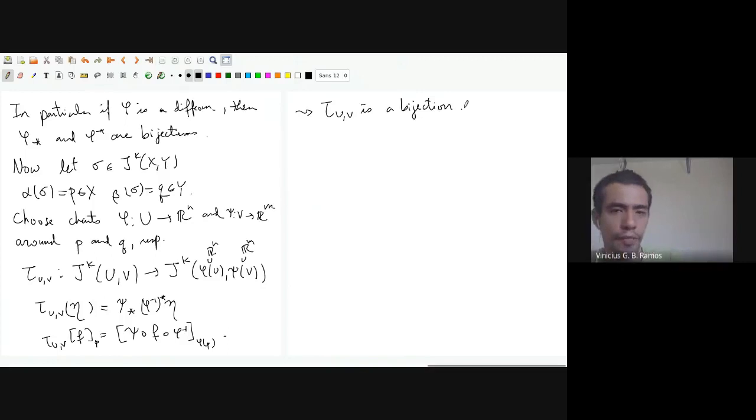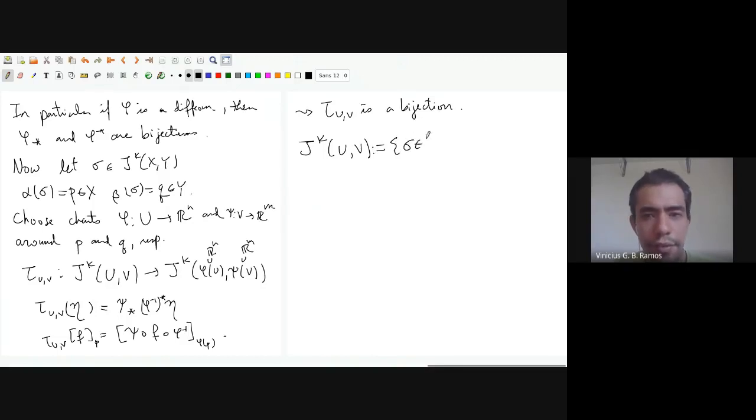So we found the bijection from the set of jets of UV, which, sorry, I didn't say what this is, but it's not hard to imagine. By definition, it is the set of jets such that alpha of sigma is in U and beta of sigma is in V. So the set of jets whose base is in U and whose target is in V. So a restriction.